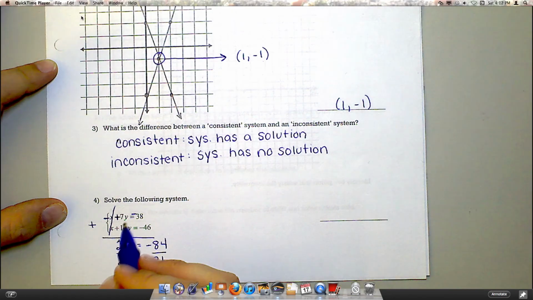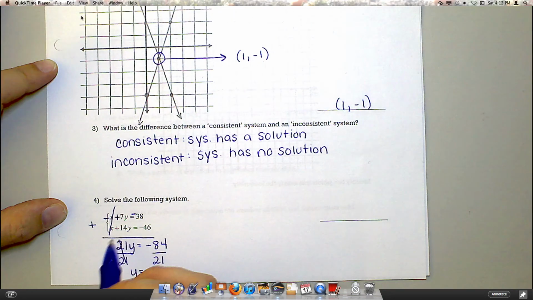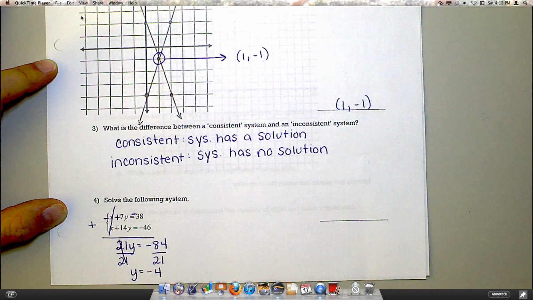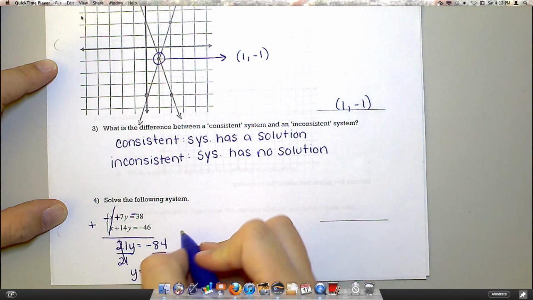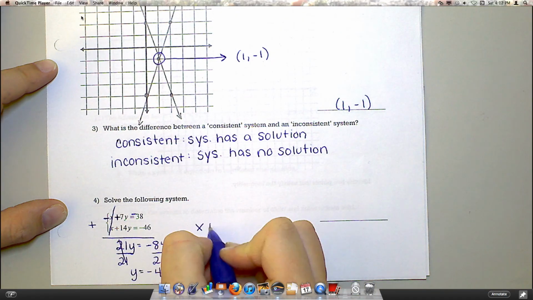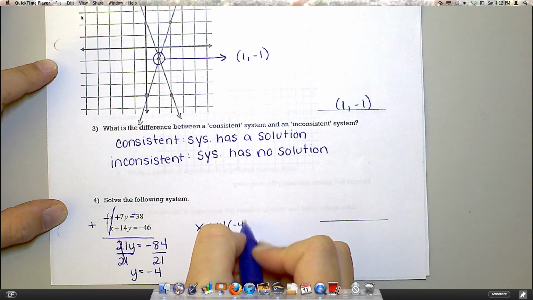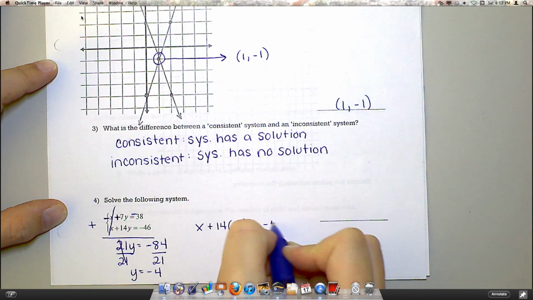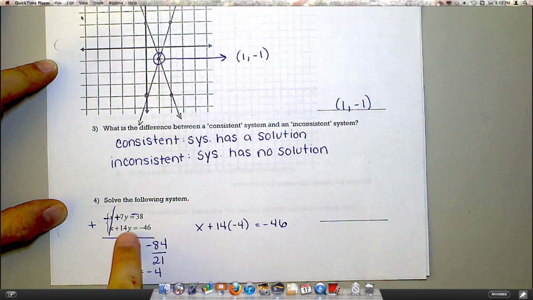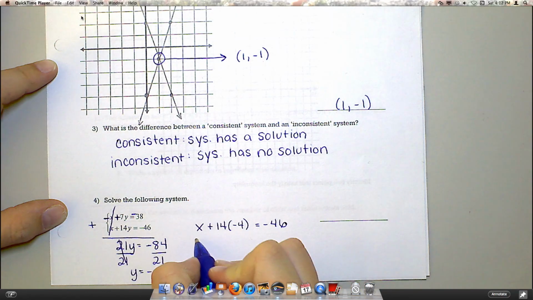Now I have to go back and plug that in. I'm going to plug it into the second one just because I didn't mess with any of the negatives there. You could plug it into the first one; it should still work. But I would say x plus 14 times negative 4 equals negative 46. So I just put my negative 4 in for y. 14 times negative 4 is going to be negative 56.